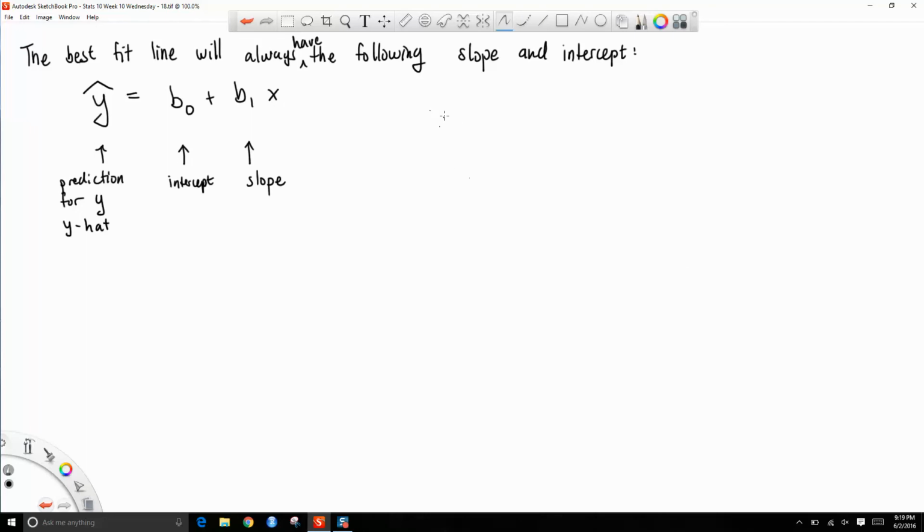So the way you would calculate it, the slope b1 is the correlation coefficient times the standard deviation of y divided by the standard deviation of x. And once you have the slope, you can get the intercept, b0, which is y bar minus b1 times x bar. You always have to figure out your slope first.